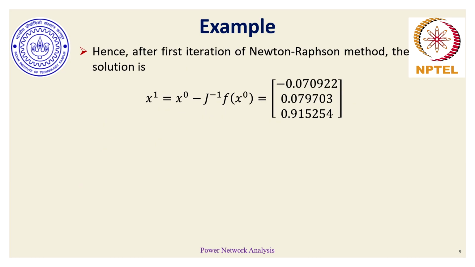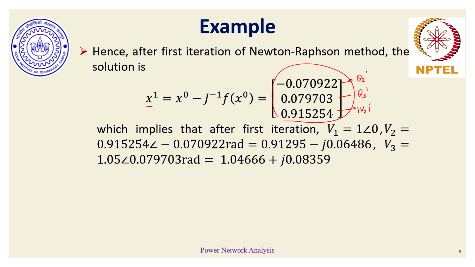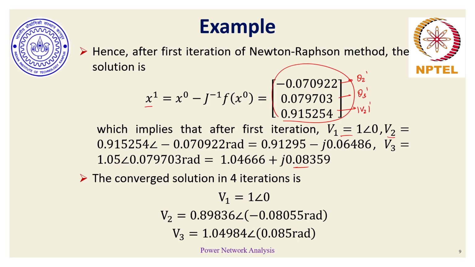We take its factorization, get the value of x1. So this is our initial x1, which corresponds to theta 2 1, theta 3 1 and V2 1. 1 is the iteration number. We put in those values, get the next iterative values of all voltages, and this sort of a process continues till convergence.